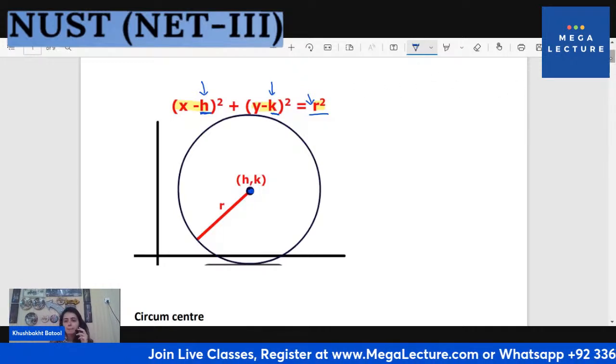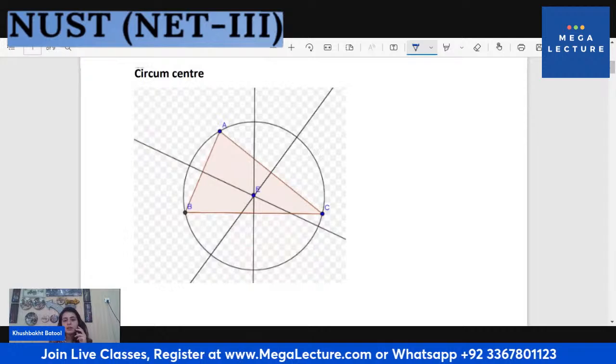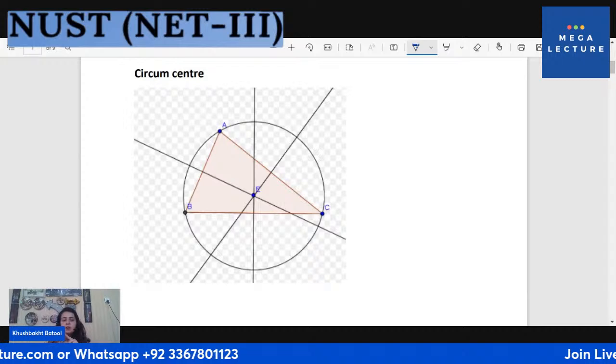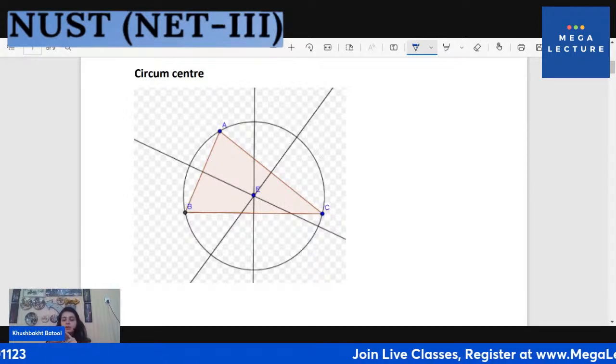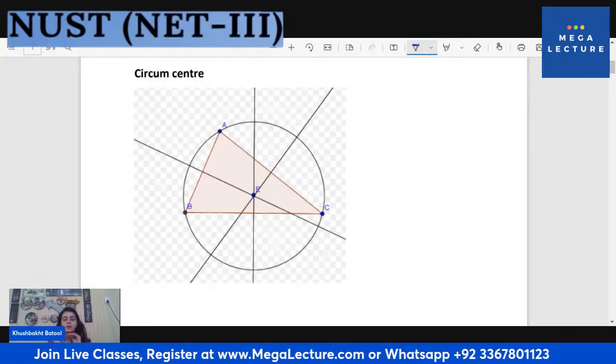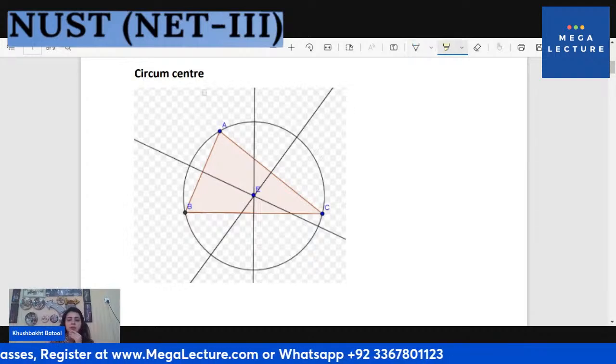All right, okay. Let's talk about the next thing. Now, this is something we have been discussing already. We talked about circumcenter, like we talked about circumcircle, then incircle and excircle, and there we talked about the centers of all these circles, right? So this is something we'll be using again. It's called the circumcenter.